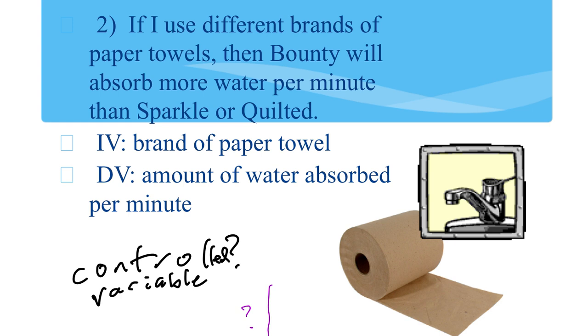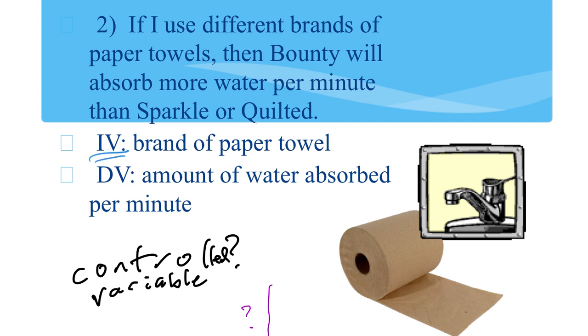Okay, so I'm going to check out what brand of paper towel does the best, quickest at absorbing water. So pretty easy. The brand of the towel is what I'm manipulating. So that's the independent variable.